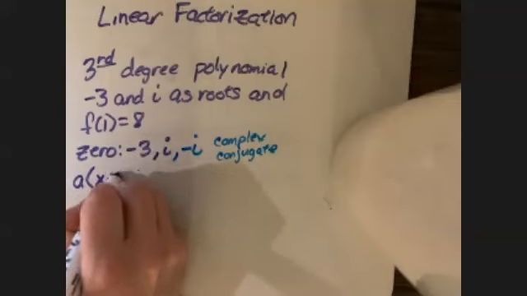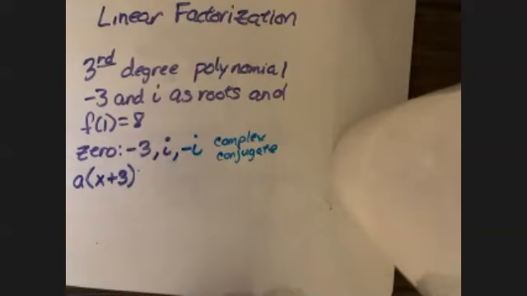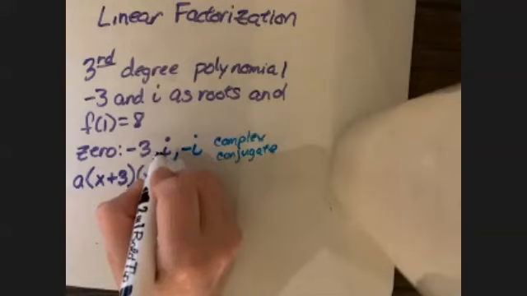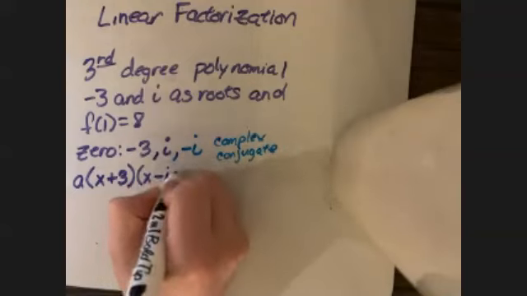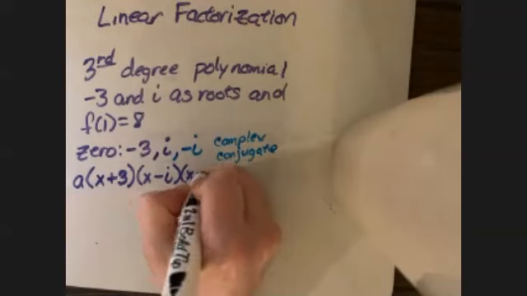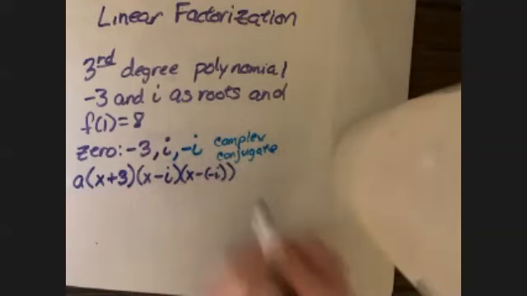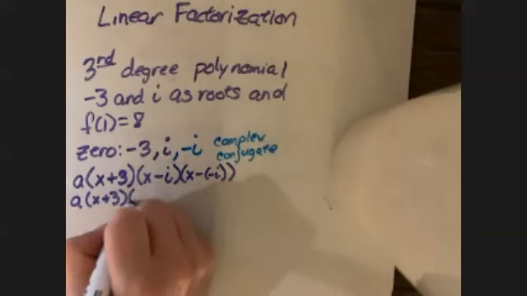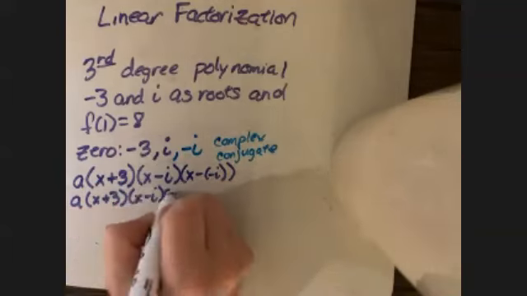Then we would have seen that as x plus 3 in the division. Okay. Now then, with the i stuff, you always treat these as positive. Okay. So we're going to do x minus i, and then x plus i. Okay. So we've got x plus 3, x minus i, x plus i.